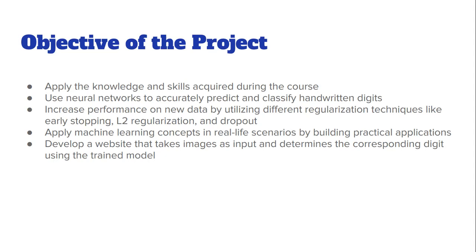Additionally, we aimed to improve the model's performance using different regularization techniques like early stopping, L2 regularization, and dropouts. Finally, we wanted to apply machine learning concepts to a real life scenario by building a practical application, specifically a website that takes an image as input and determines the corresponding digit using a trained model.